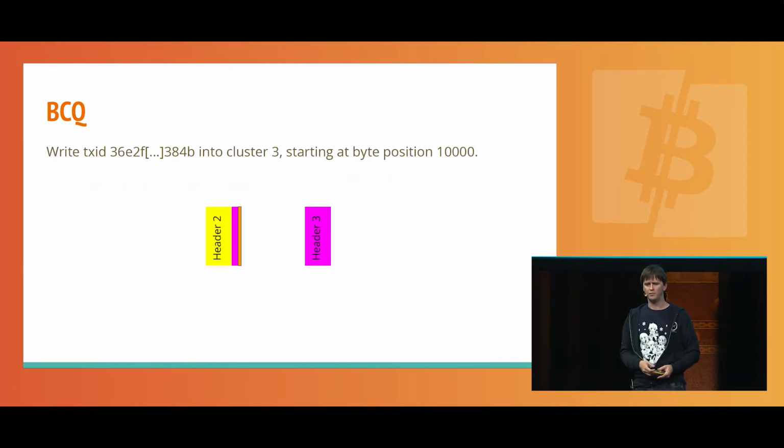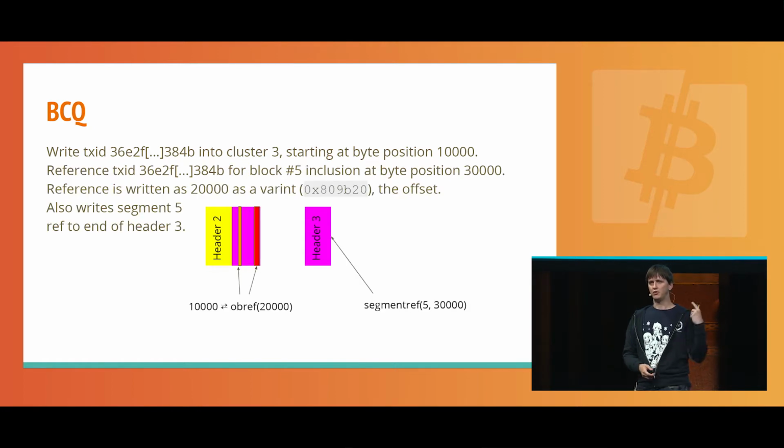So here is an example. You write these transactions, 36E, 7F, 2F, which starts at byte position 10,000. And you write that in, and then later on you want to reference it, so there's a block at 30,000, and you say, transaction 20,000, written as a variant like this here. This is actually not a variant, this is compressed, but anyway.